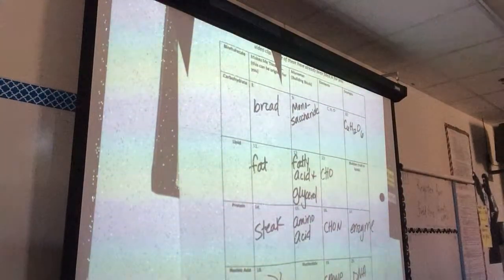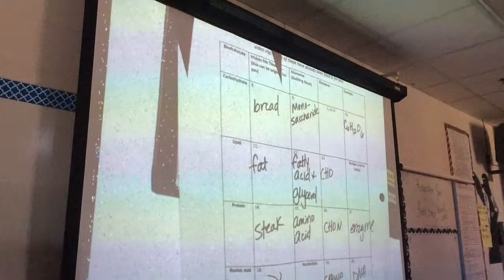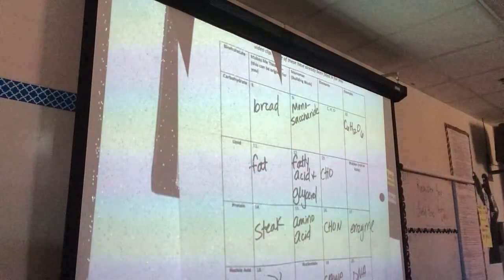Then move up to the front. Who can help Daniel? CHONP, which is C-H-O-N-P. Daniel, if you can't see, you do need to move that chair. You can come sit right here at my table. P. Very good. And the example of a nucleic acid is DNA, right?